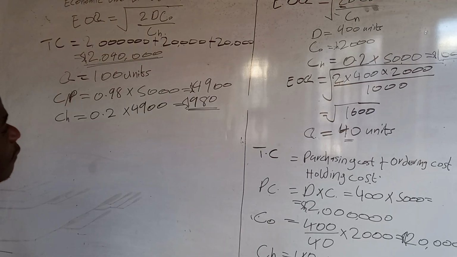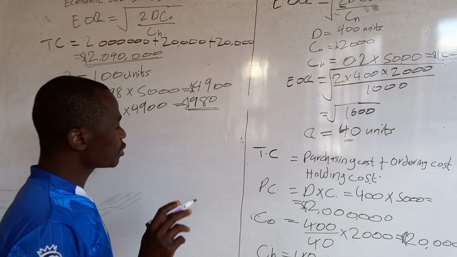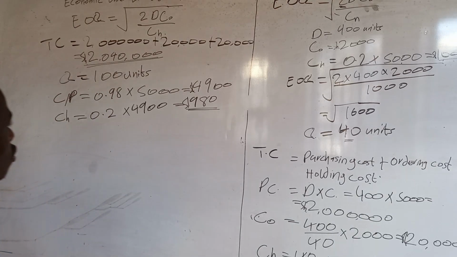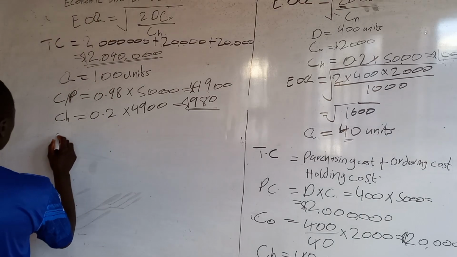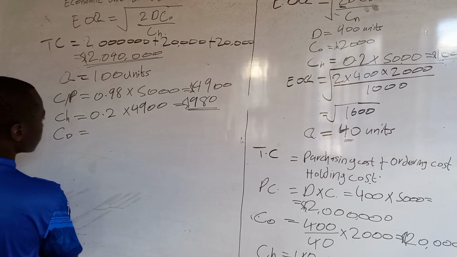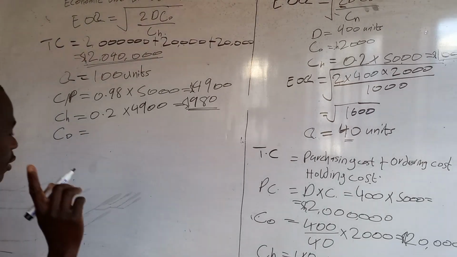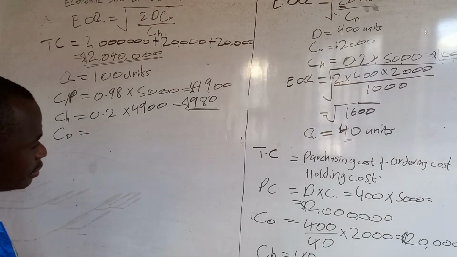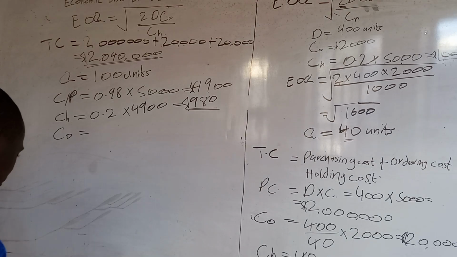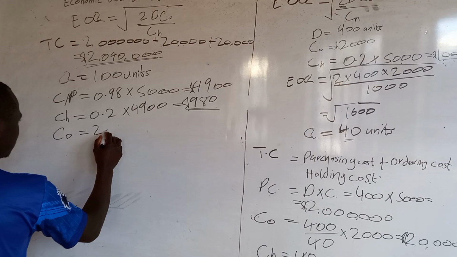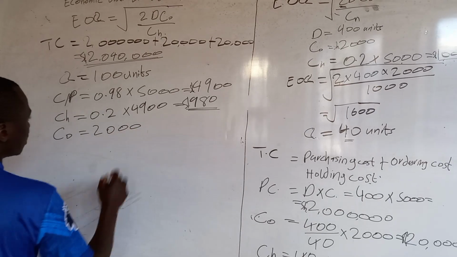But from our calculation, you will notice that ordering cost is not affected. Cost per order, CO, will not be affected by the discount. So it will remain 2,000 as it were.